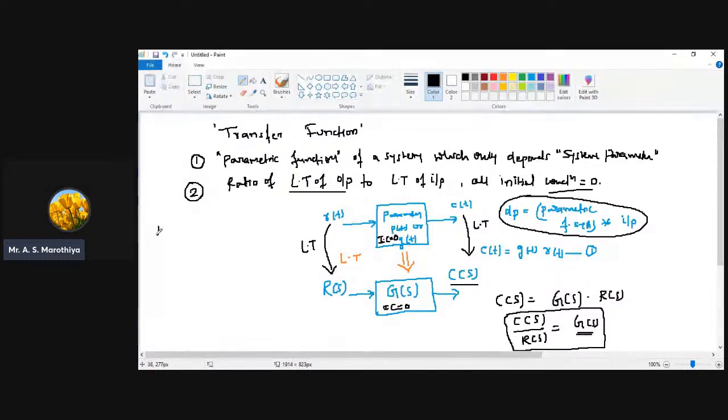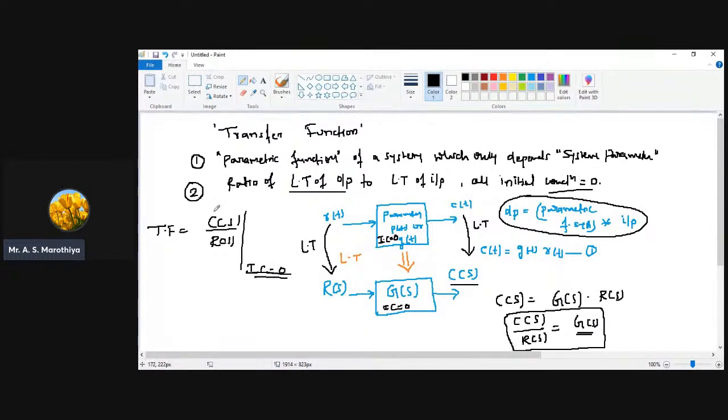I can write here: transfer function is simply the ratio of C of S by R of S assuming all initial conditions to be 0. This is very important. This is the very common definition which we normally use to define the concept of transfer function. This is very, very important.